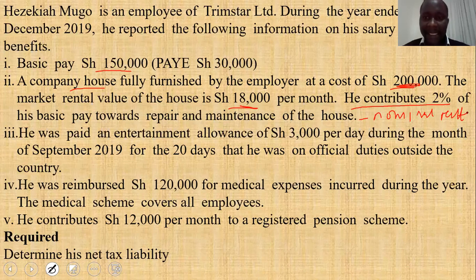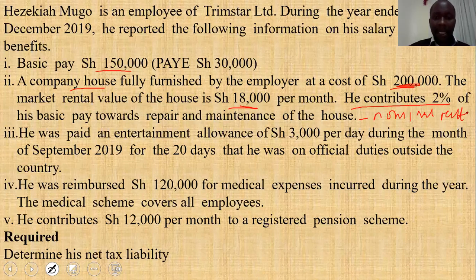What would happen is we compute housing benefit as we demonstrated, but we make a deduction for that amount which we call the nominal rent. So as we see with this note, we are going to compute housing benefit and we make a deduction for that nominal rent that is 2% of the basic pay.